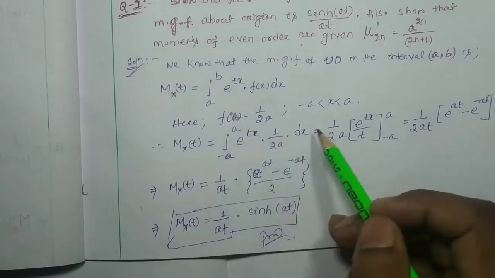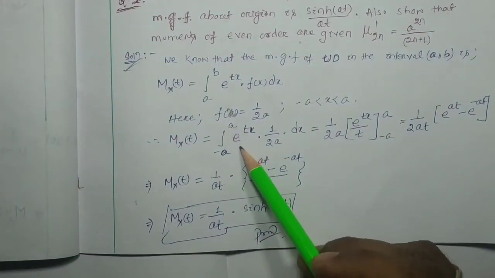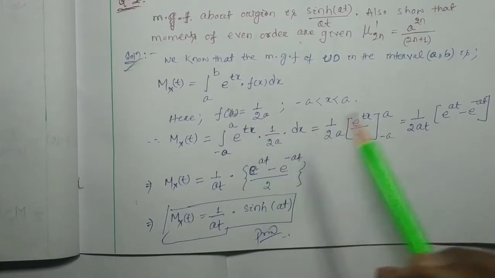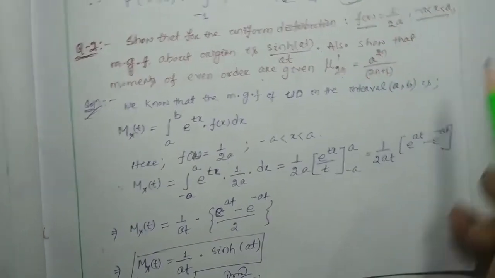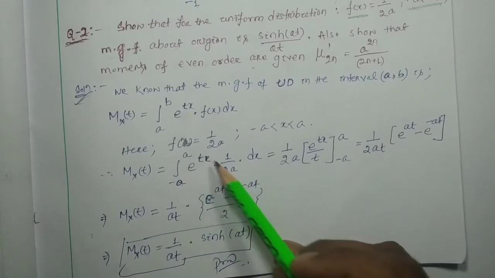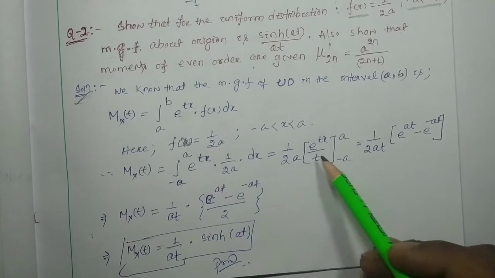So we put 1 by 2a in place of f(x), and because f(x) exists between -a to +a, the limit we consider is -a to +a, e to the power tx into 1 by 2a into dx. 1 by 2a is a constant, taken outside.